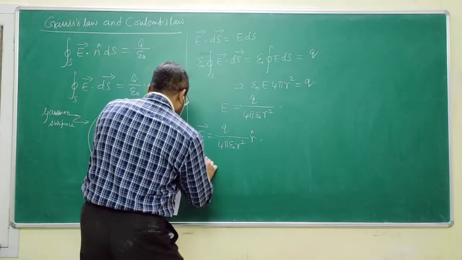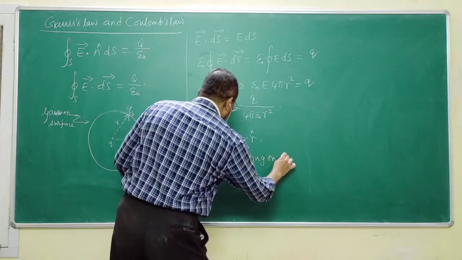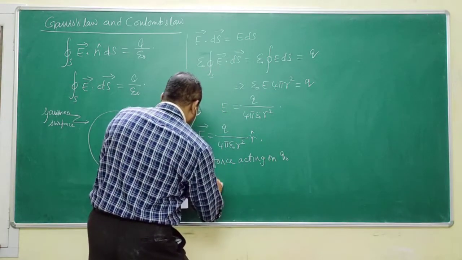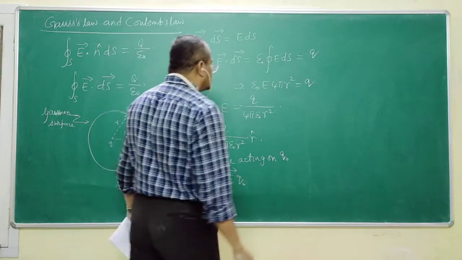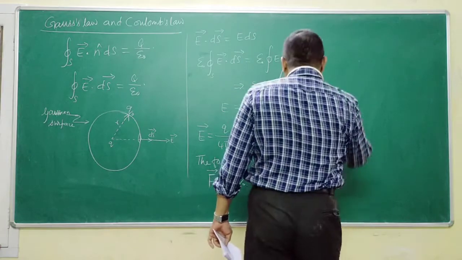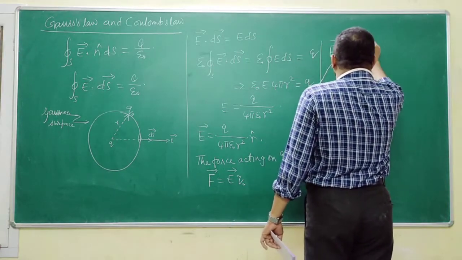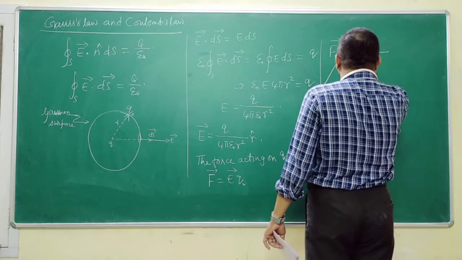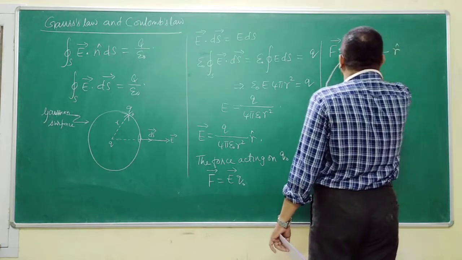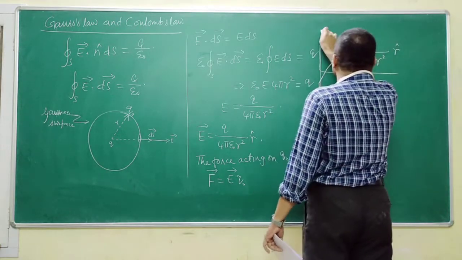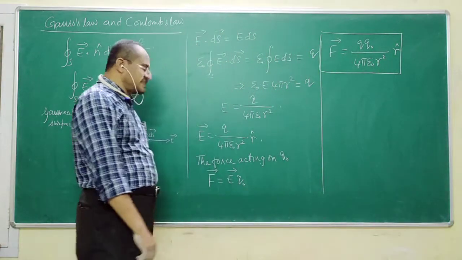The force acting on q naught, I write F vector is equal to E vector into q naught. Therefore, I end up with an expression F vector is equal to Q q naught by 4 pi epsilon naught r squared into r unit vector, which is precisely my Coulomb's law in electrostatics.